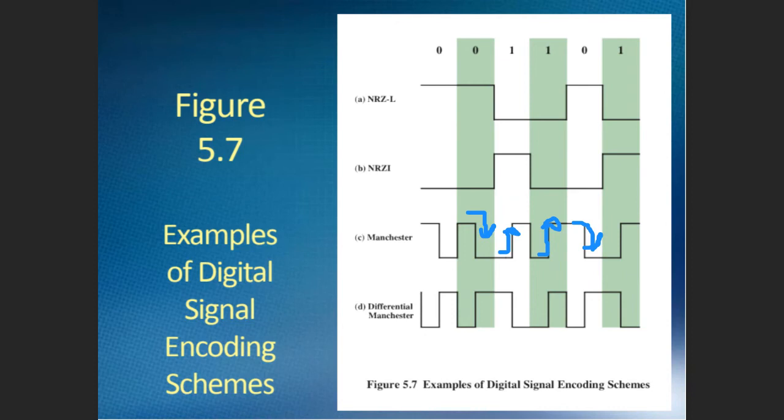Here 1, another 1, then it goes down, because this is another one. If there was a 0 instead of 1, it will not change. I will show you one example at the end. It is there in the activity, but we'll do it together. Okay?